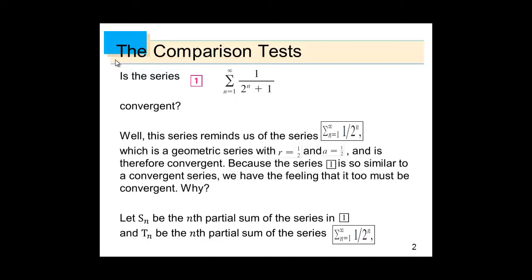So let's say Sn is the nth partial sum of the first series, and Tn is the nth partial sum for the geometric series 1 over 2 to the n. Okay, is that clear? And let's compare these partial sums.